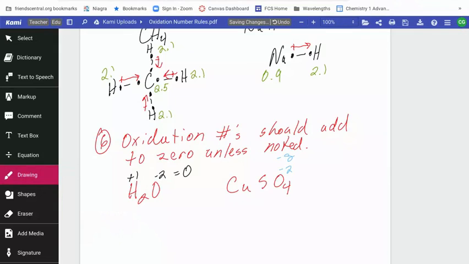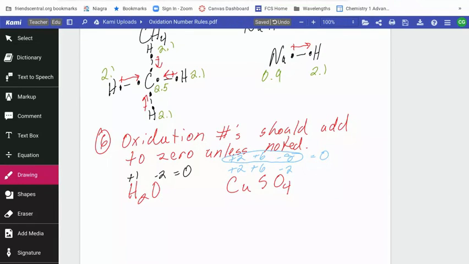I know that copper, in this case, because we know sulfate's a 2- overall, and there's only one copper, has got to be a +2. So I'm going to add another +2 at the top because I'm going to add these, and they better equal 0. What does sulfur have to be in order to have a -8 and a +2 make 0? Well, it's got to be a +6. And since there's only one of them, that sulfur gets a +6.